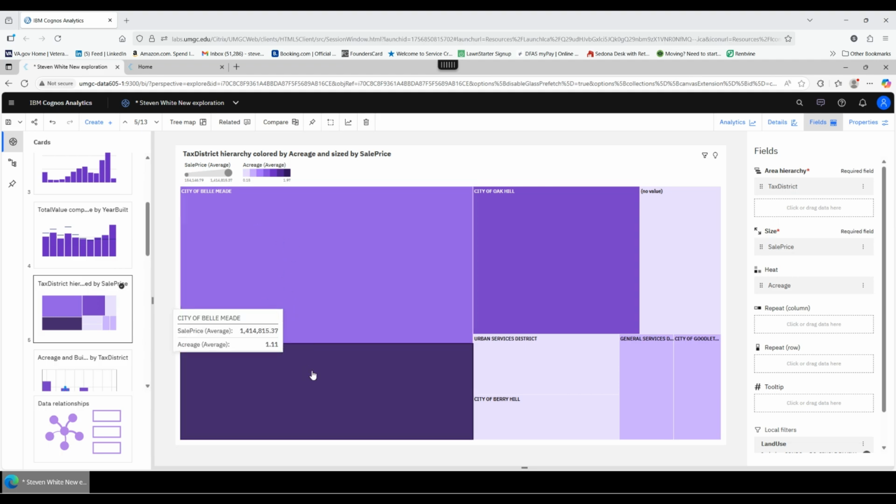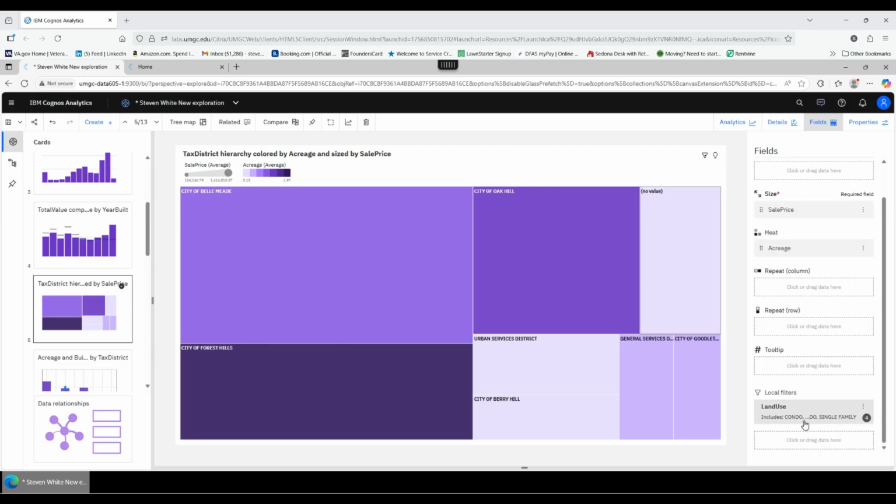The darker the shade, the higher the average acreage is, and then the size is the average cost for that property. I filtered this down to condos, residential condos, and single family residences. So those are my visualizations.